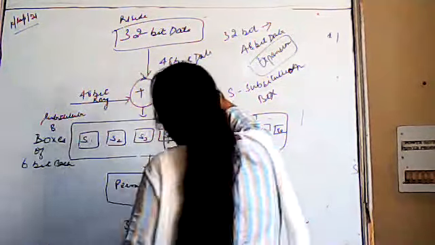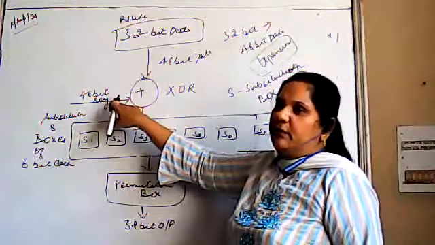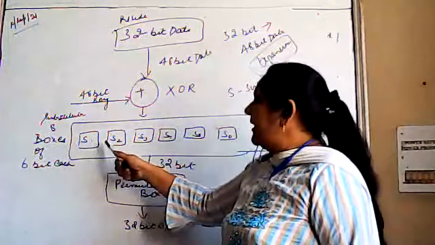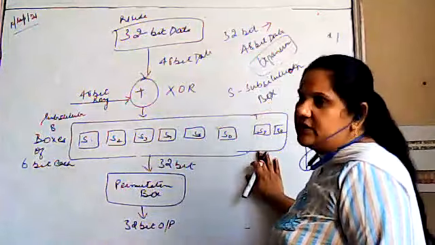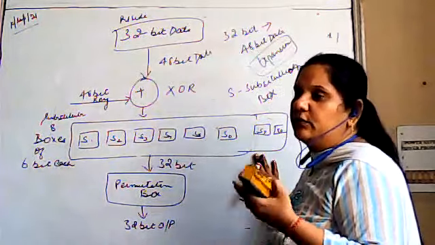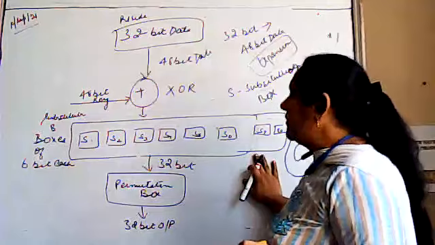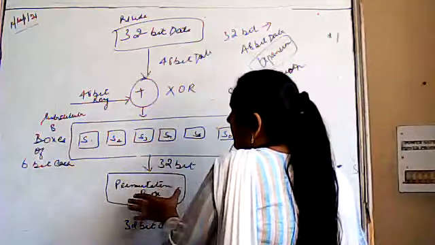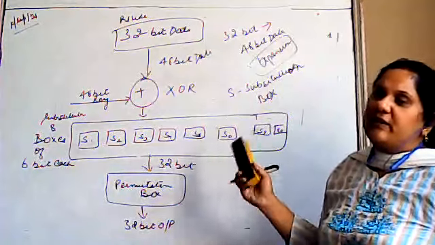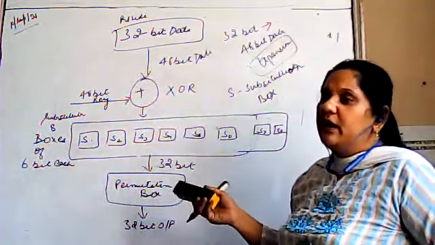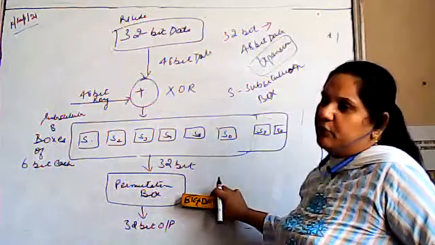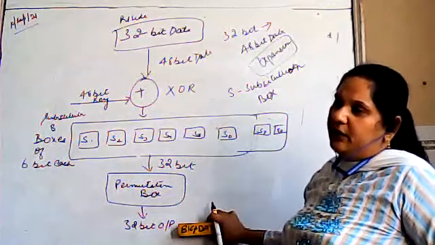Once it is converted to 48-bit data, the XOR will be performed with the 48-bit key. These are the expansion boxes, which are responsible for expanding the input to 48 bits. After that, we convert the 48-bit data to 32-bit data, because if the input is 32-bit, the output should also be 32-bit. The output is given to the permutation box, and you will get the 32-bit output.